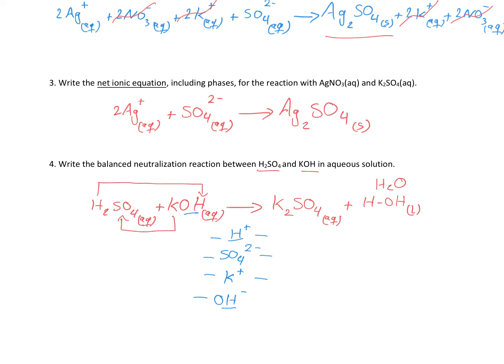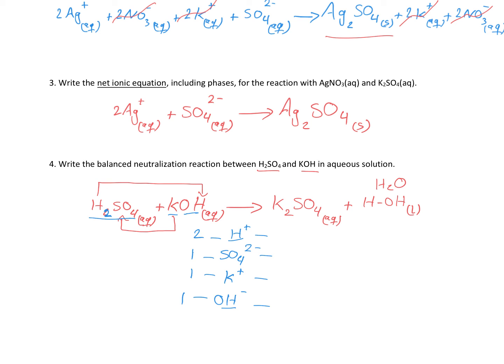So how many H plus do we have in the reactants? H plus comes from the acid, and H2SO4, sulfuric acid, is a polyprotic acid, so it has two protons, 2 H plus. So we have 2 H plus in the reactants, one sulfate, one potassium, and one hydroxide.